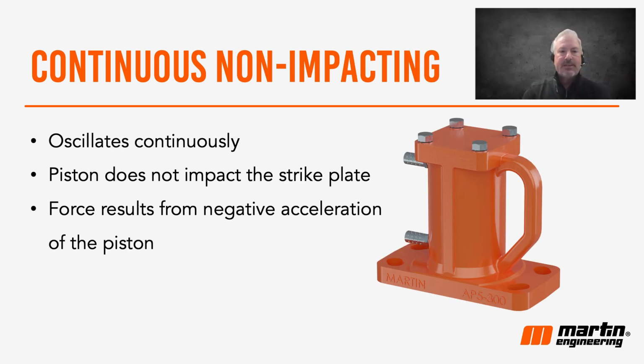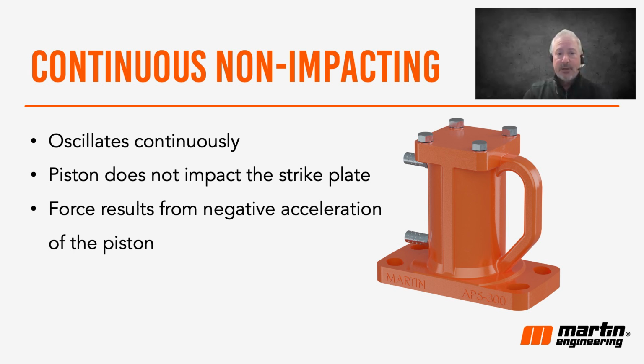Next is a continuous non-impacting piston vibrator. This oscillates continuously, but this one does not strike the strike plate. The force results from the negative acceleration of the piston at the end of the stroke.